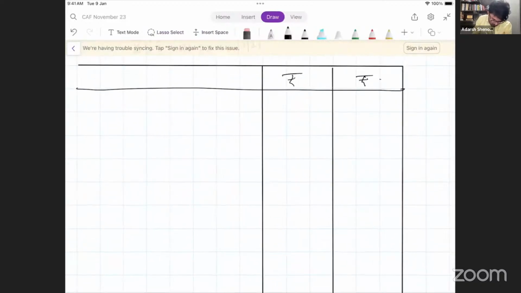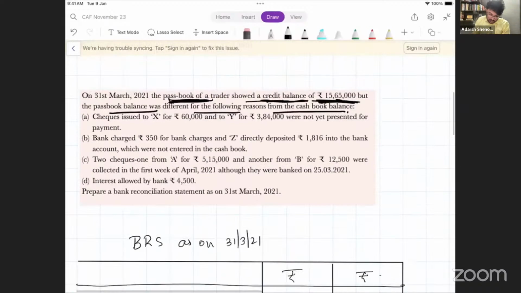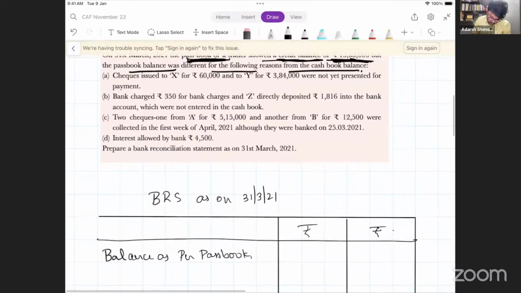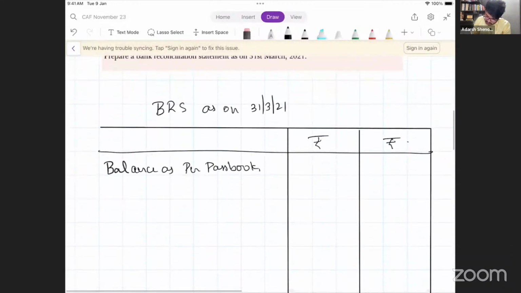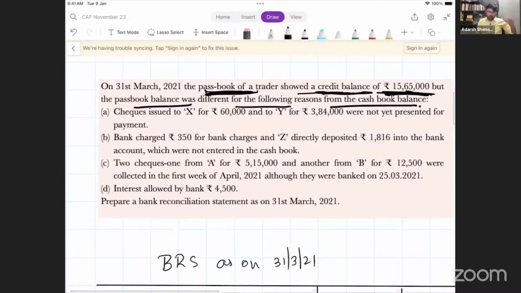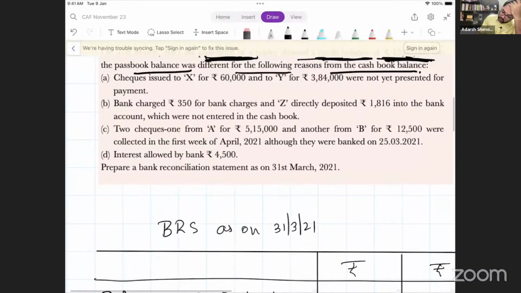So they have given balance as per passbook. You can write credit balance as per passbook as well. Balance as per passbook. So it's 15 lakh 65,000. Okay. Checks issued to X for 60,000 and to Y for 3 lakh 84,000 were not presented for payment.